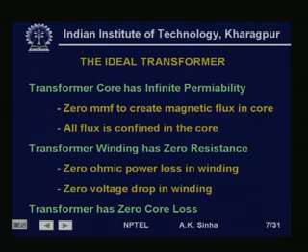We make another assumption that the transformer core has 0 core loss. Now, what does this mean? Because we know that if we have alternating flux set up in any magnetic material, we are going to have magnetic losses, in terms of hysteresis loss and eddy current loss.